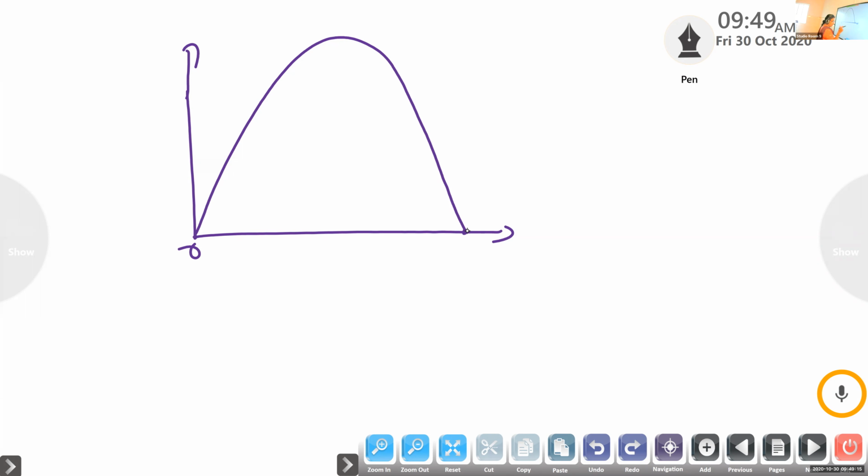Let us consider initially it has x component v0 xi and y component v0 yj. Draw with me, then you will understand. So v0 is the initial velocity at which this is thrown.